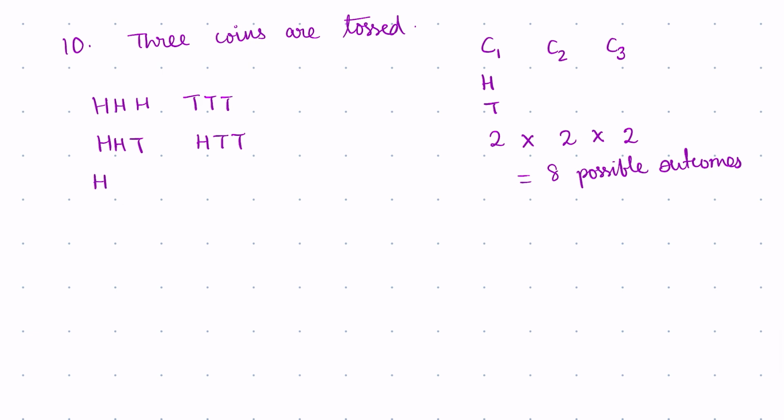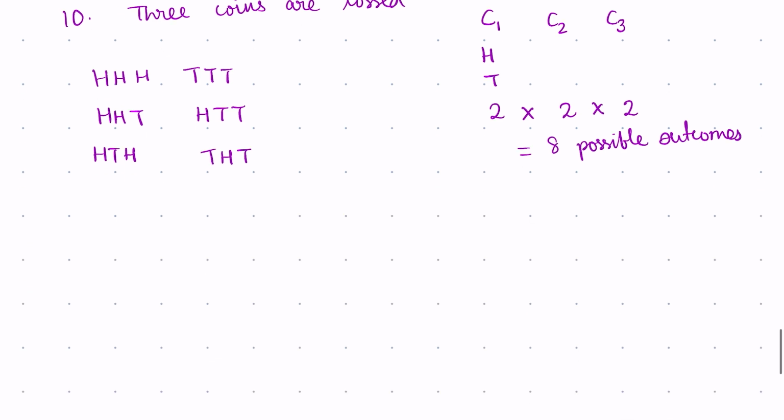Head, tail, head, tail, head, tail. Then we have tail, head, head, and then tail, tail, head. These are the possibilities that you can get when 3 coins are tossed. How did I figure this out? You just have to write them down and see.